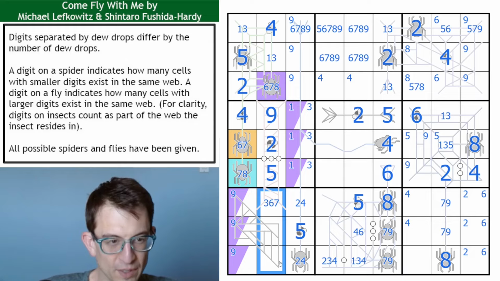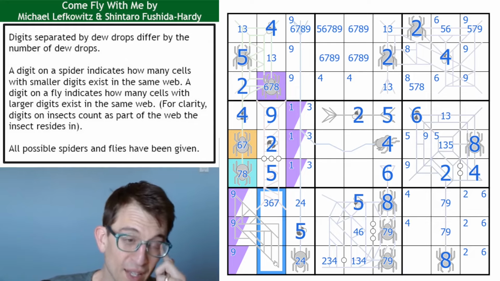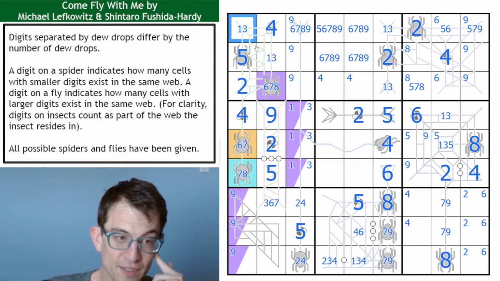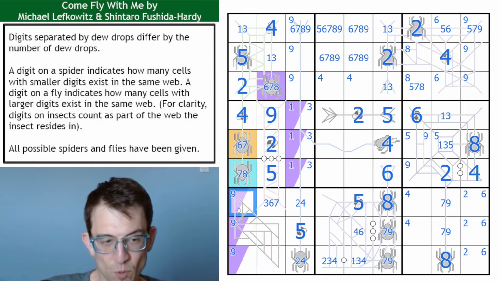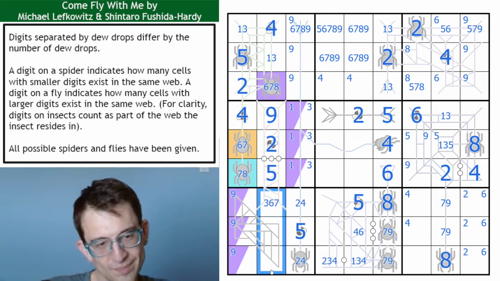Where's 1? I think it depends where 3 is. Right, so here I have blue and orange. Here I have 9 and purple. And then I've got 1 and 3 in some order. We'll mark that.